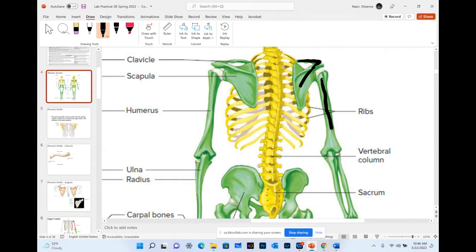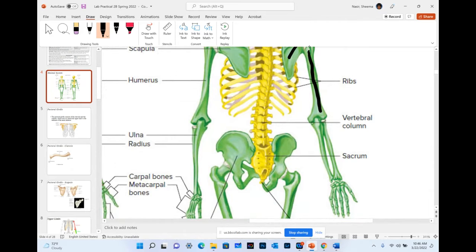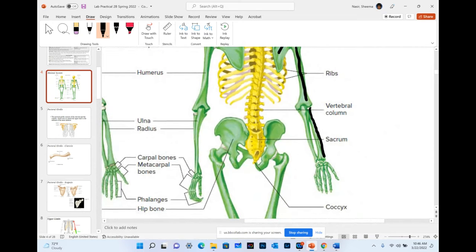Then we are going to do humerus. This is the upper arm bone. Then we are going to do radius, which is the forearm. Radius is present behind the thumb. And then you have ulna, which is present behind the pinky.